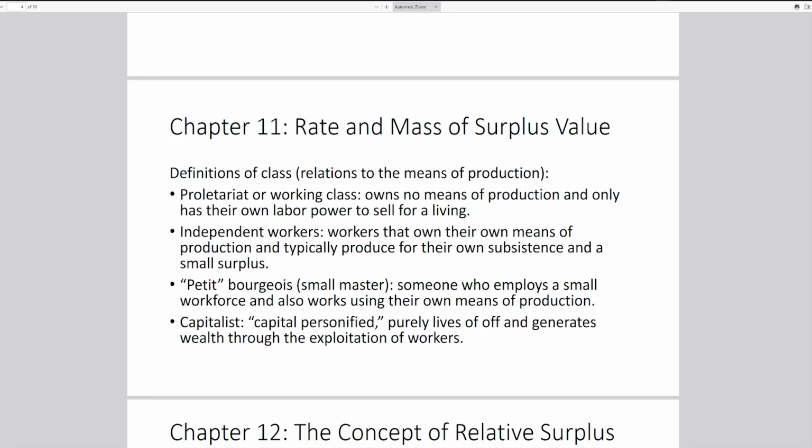They still have the same drive as a big capitalist, meaning they still have to valorize surplus value at the end of the day. So they still have to exploit people, but they also have some.